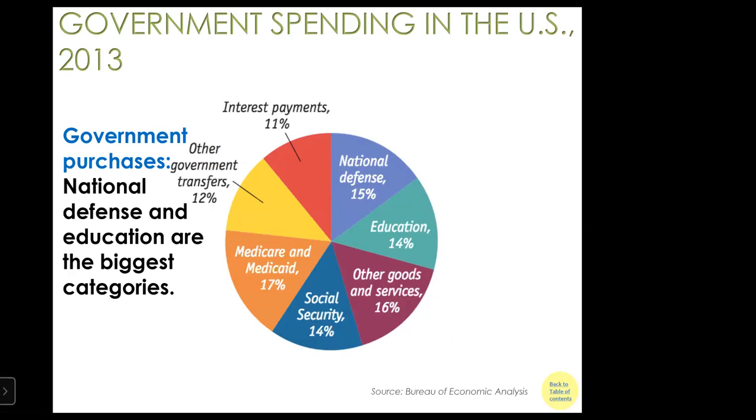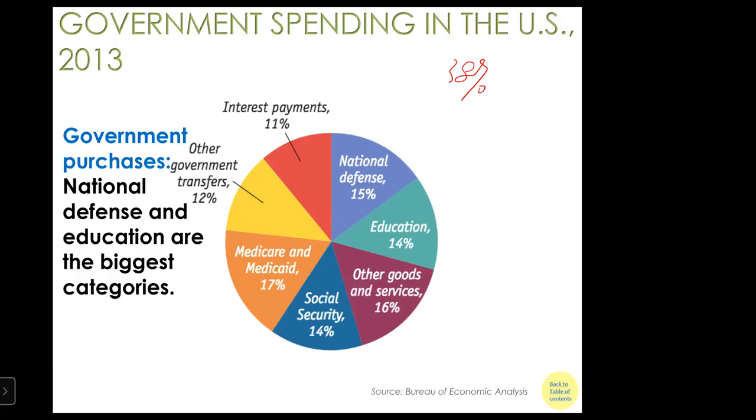The next one is national defense, 15%, right? Based on this diagram, you can back out how much we spend on each item in terms of GDP, right? Because total spending is 38% of total GDP.